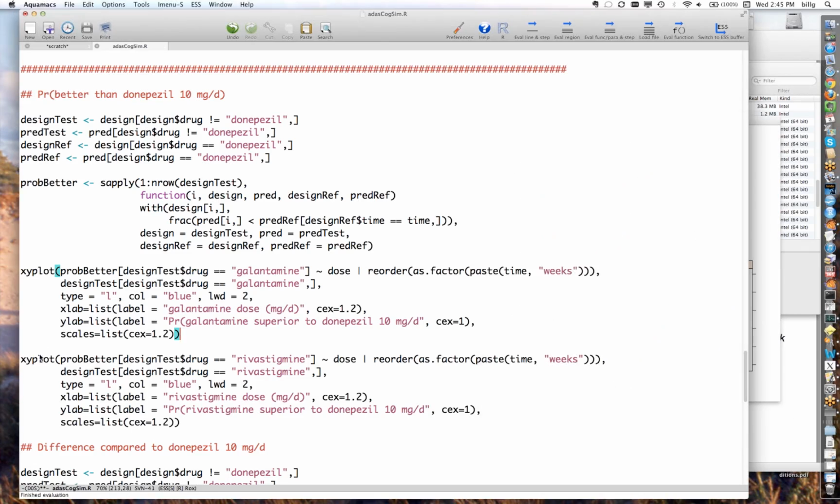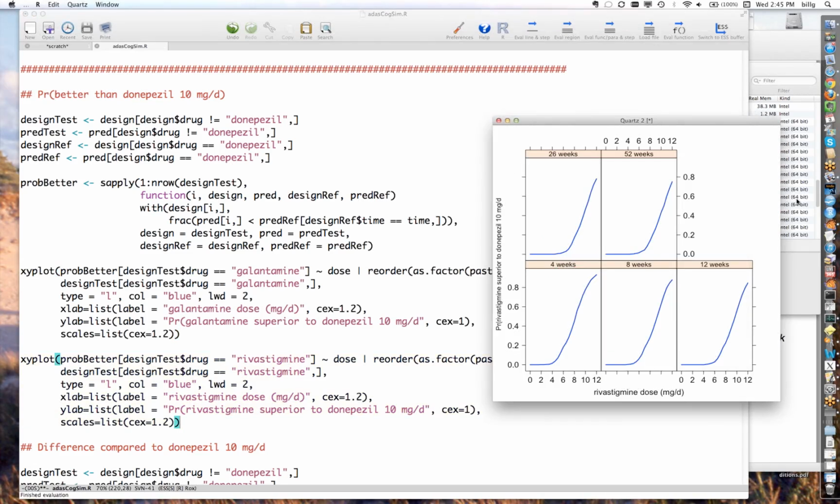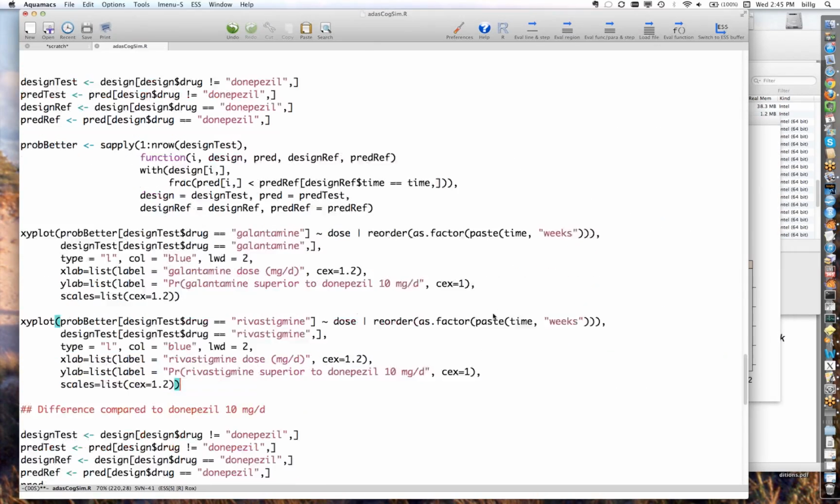And then let's go ahead and do the same thing for rivastigmine. We get another picture for that. This is a little bit different. It never goes all the way up to 1 like we were seeing with galantamine. So we can do things like that to more directly make probabilistic statements about the comparative efficacy.